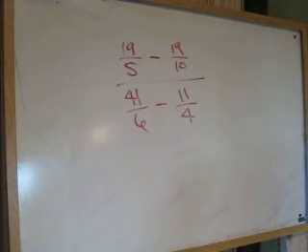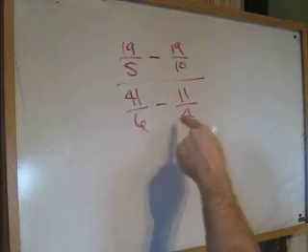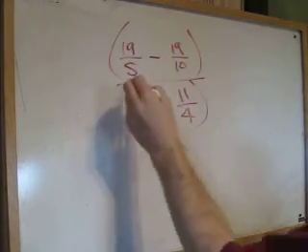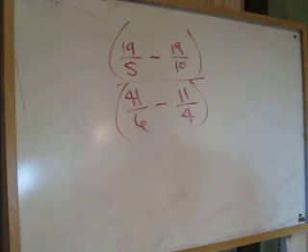So if you have them in that format, then you could find the common denominator of 5, 10, 6, and 4 and multiply the entire top and the entire bottom by that common denominator, and that would get rid of all of your fractions and life would be good.